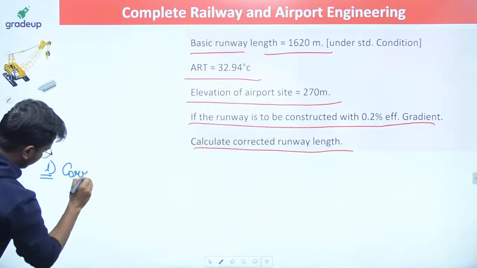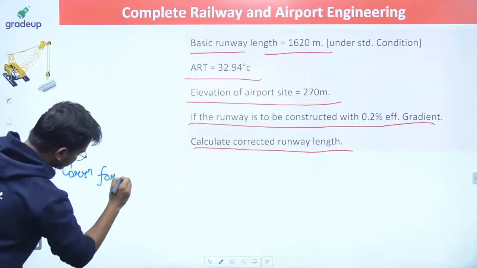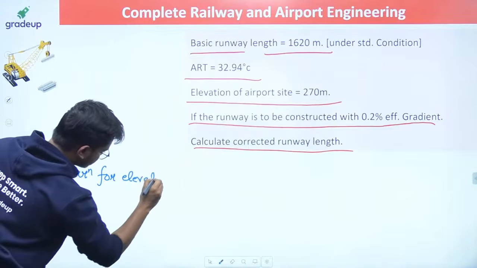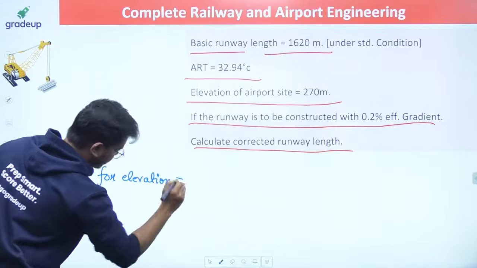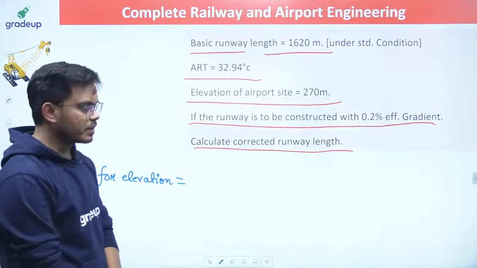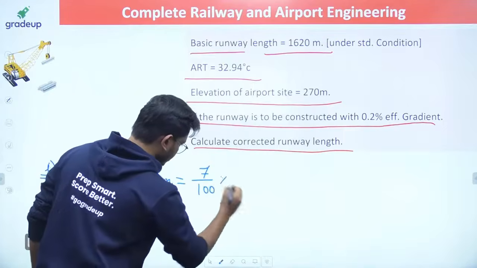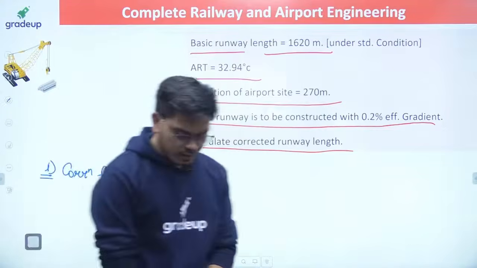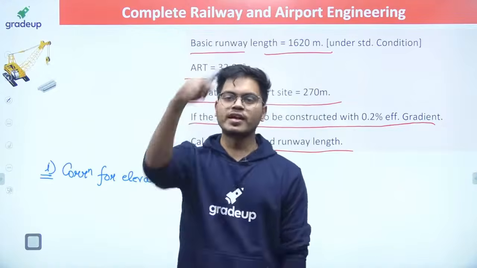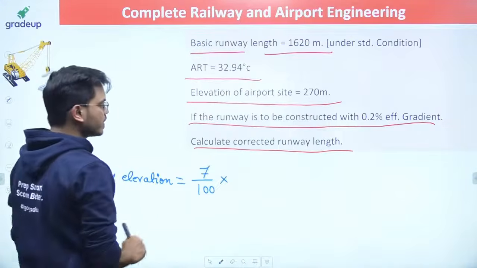Correction for elevation. So the correction for elevation will be how much? 7% for every 300 meter rise.